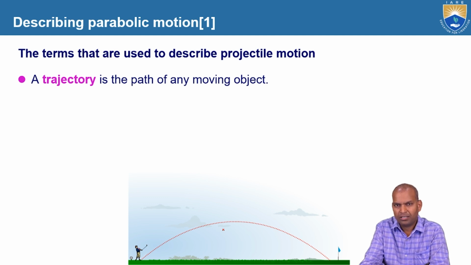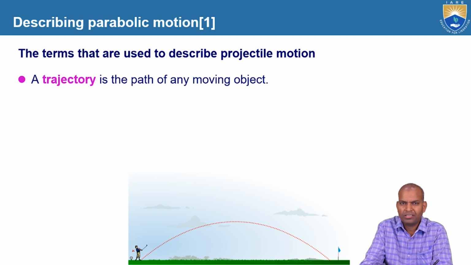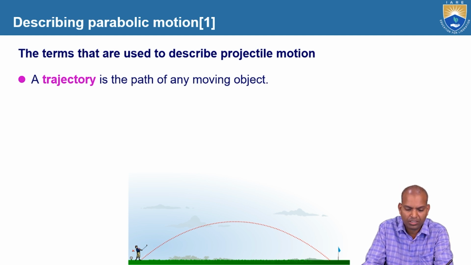When we hit a cricket ball with a bat, the path traced by the ball to reach the land is a parabolic path.